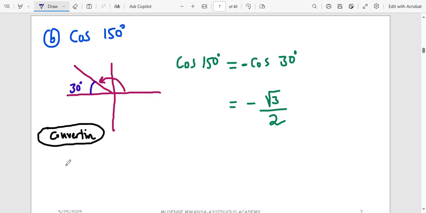If you have an angle in degrees, for example 30 degrees, you convert it to radians by multiplying by pi over 180. A 0 cancels with a 0, 3 goes into 18 six times, so this is pi over 6 radians.